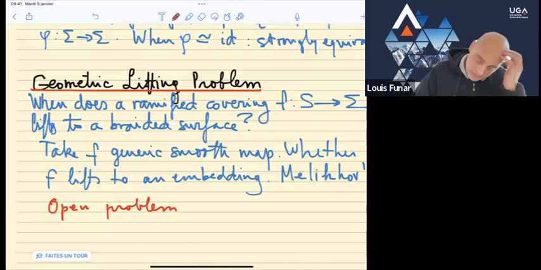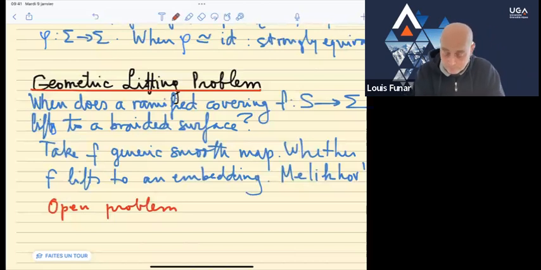And it's amazing that when we look at such a question, we found that there are a lot of references, in the case when instead of taking a ramified covering, we just take a generic smooth map.